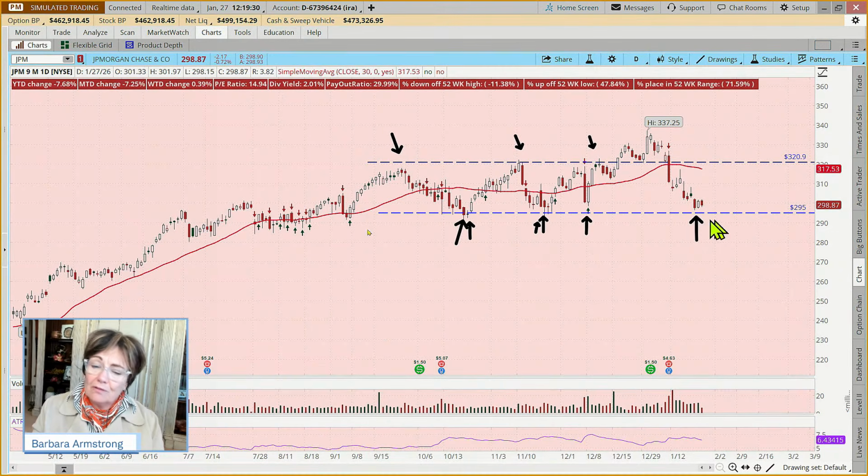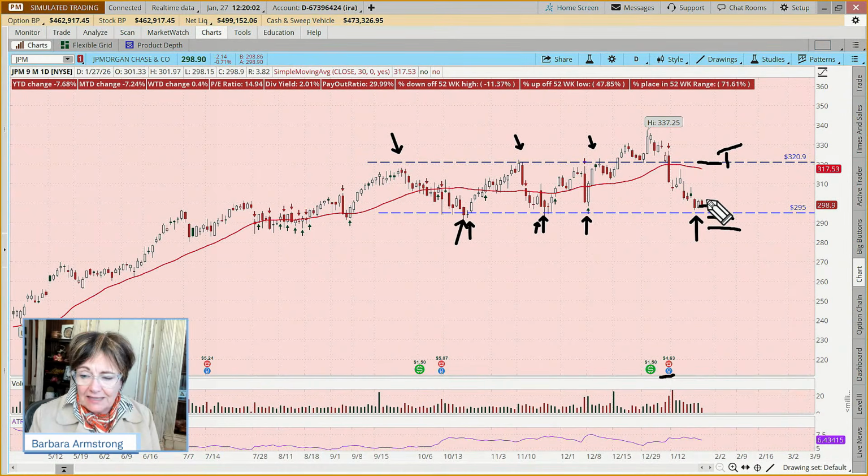But some people, especially if they trade options, might say, well, this looks like a pretty solid support level. We're on the other side of earnings. Maybe I'd be comfortable placing a short put vertical trade here or something like that. Or maybe if I don't like to trade options, I could buy the stock here. If I wanted to do it as a short-term trade, I'm going to put a target up here around the 320 level, if I'm looking to just generate some income or a small win.